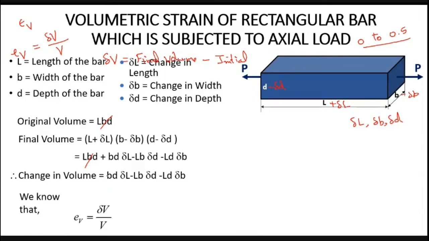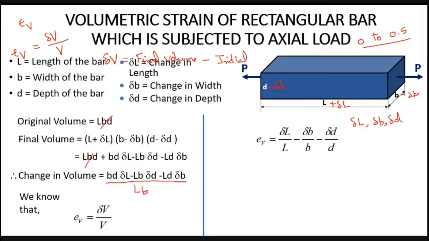Volumetric strain is change in volume by original volume, which means I divide this by LBD. When I divide, I get del L by L minus del D by D minus del B by B. This is what I will get.